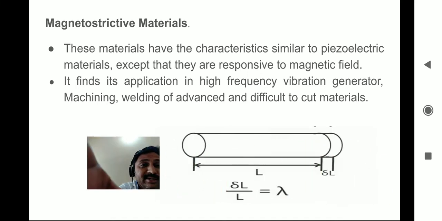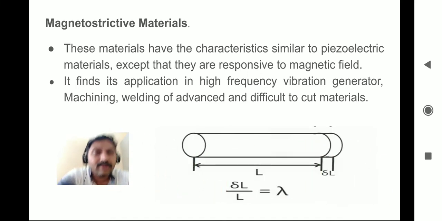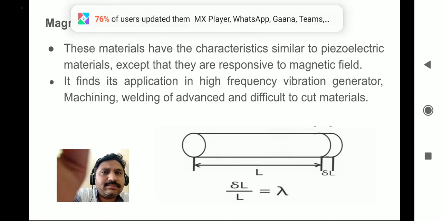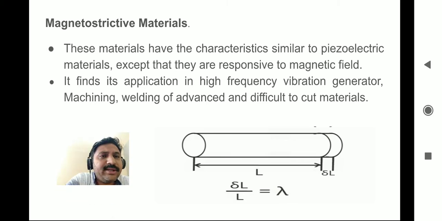One rod is given in cylindrical form. The dimensions, diameter and length, are fixed, but when magnetostrictive action is applied, there may be some change in the length, indicated as delta L. So delta L by L is equal to a symbol.